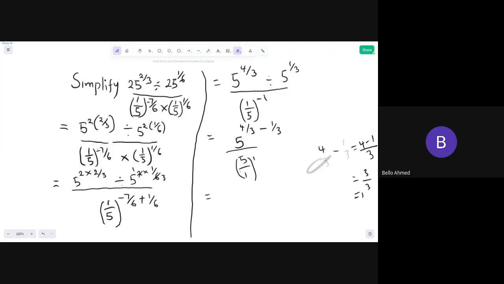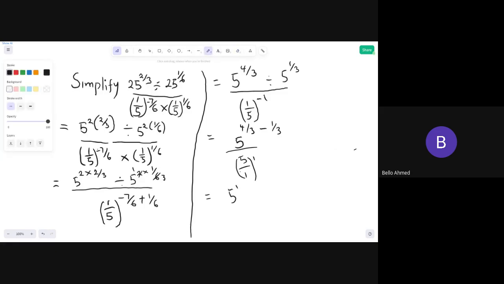So I'm going to just copy the 1 because I've done the calculation here. So now, I'm going to have 5 raised to power 1. My numerator is going to be 5 raised to power 1. Everything divided by the denominator also. You know, 5 over 1, anything raised to power 1 is that thing. So 5 over 1 is actually 5.